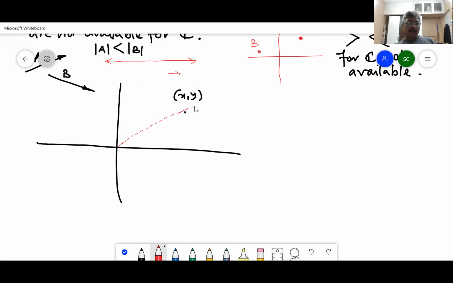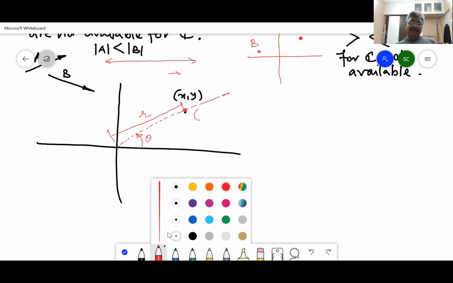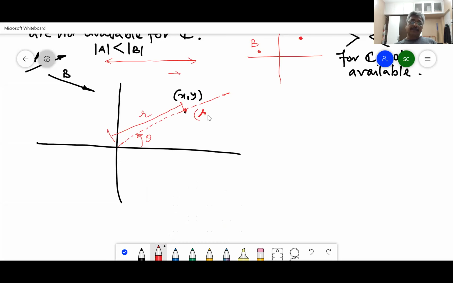If you draw a ray passing through this point, then you again specify two things: the angle with the positive x-axis, theta, and the distance, r. So r, theta is yet another representation, which we call the polar coordinate system.